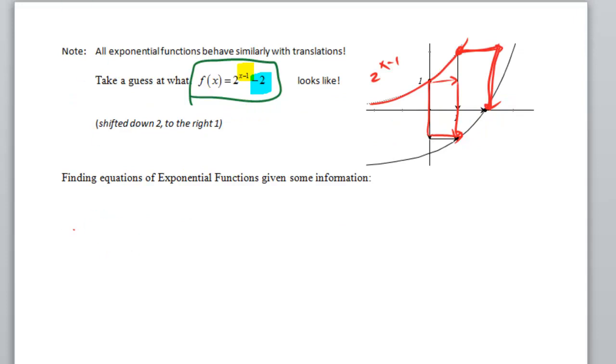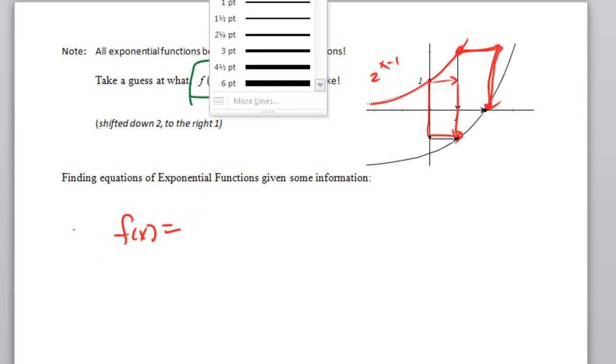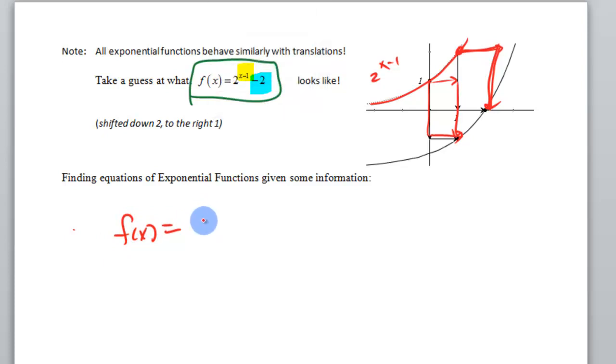Let's try one. What do you suppose would happen if I had f of x equals -2 times 3 to the x plus 5, minus 1? So I'm trying to incorporate everything. Okay. So first of all, the base is 3.